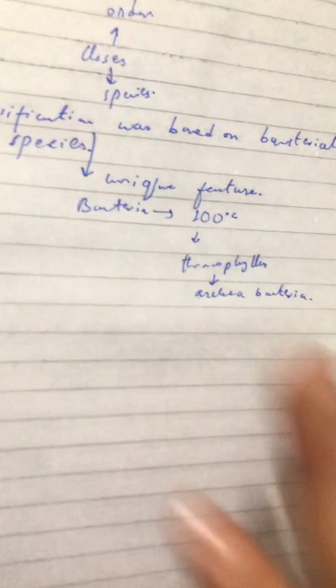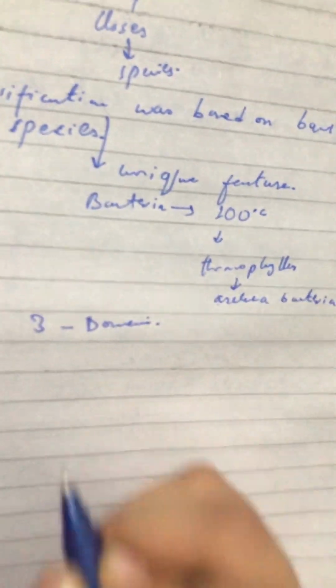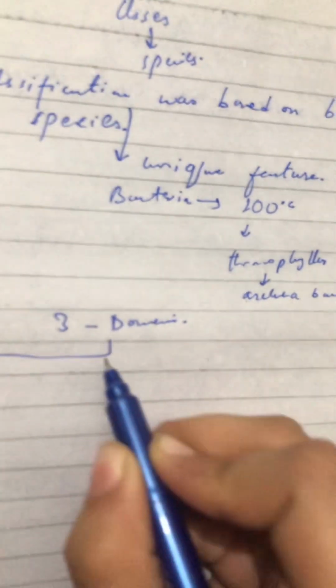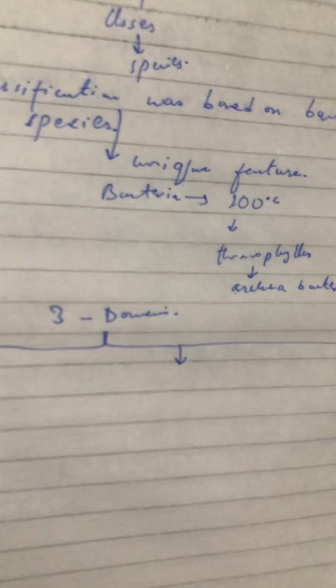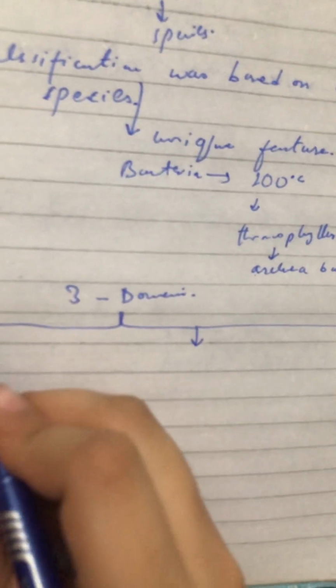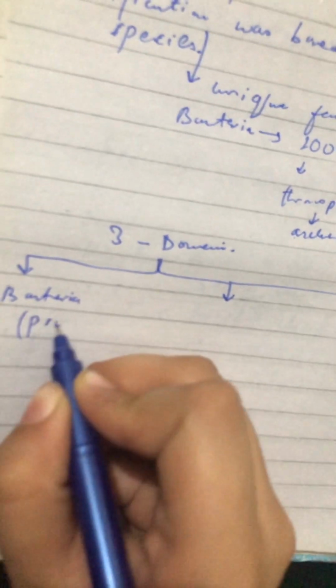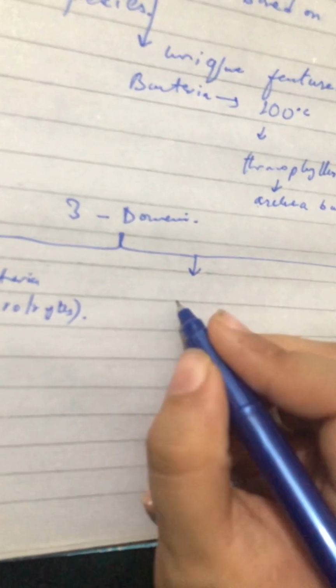Now we have three domains, as was discussed at that time. Number one, we have bacteria, that is prokaryotes. Another, we have the archaea.